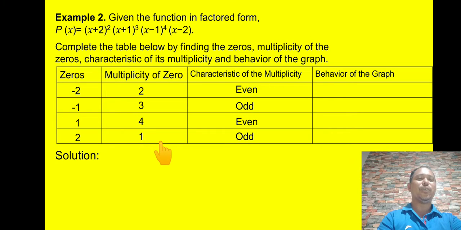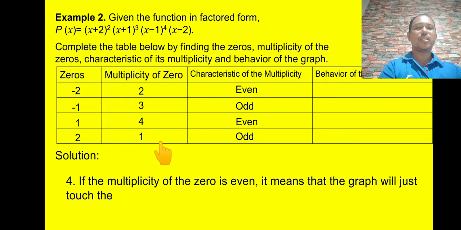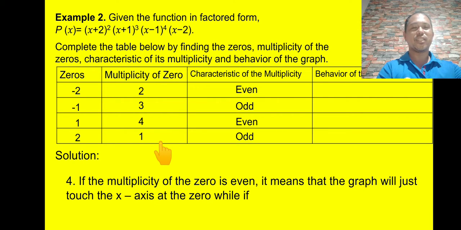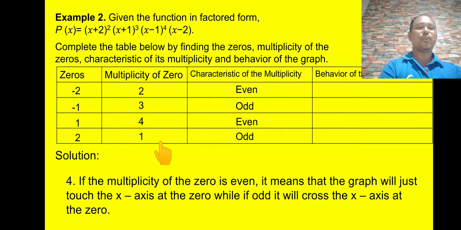Okay, so for the behavior of the graph, just read again the steps. There is a note. So, solution. If the multiplicity of the 0 is even, it means that the graph just touches the x-axis at the 0, while if it is odd, it crosses the x-axis at the 0.